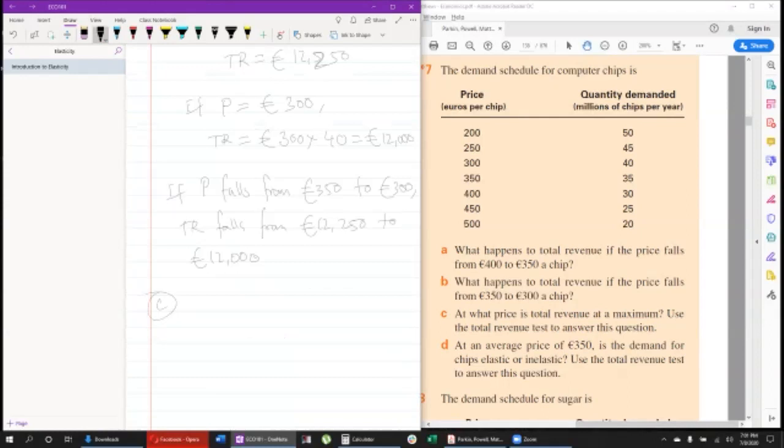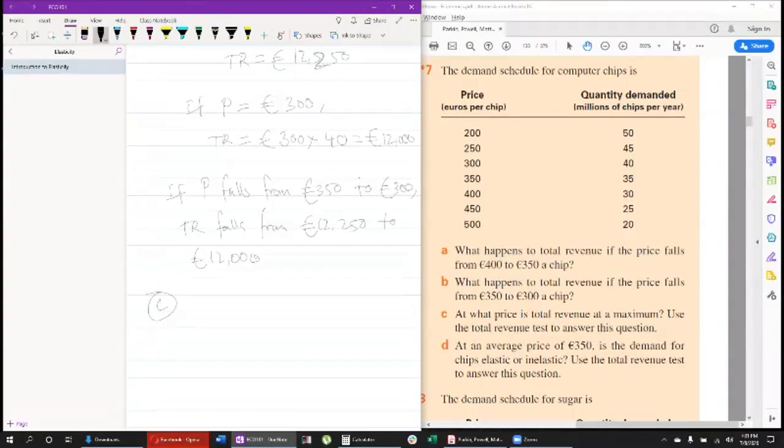Okay, so there are multiple ways of calculating this. What you guys can do is take each of the price levels. So at price 200, QD is 50. At price 250, QD is 45, and so on. So calculate the total revenue in all those cases, and then you can see at which point you get the maximum total revenue.